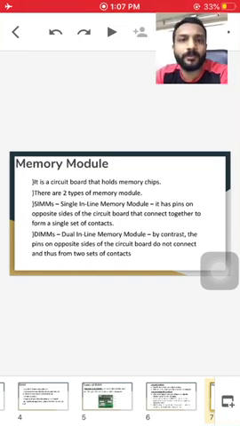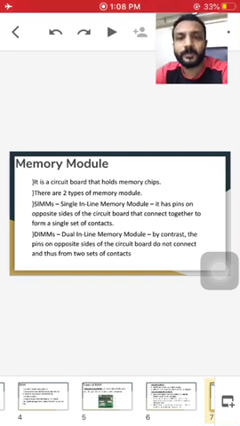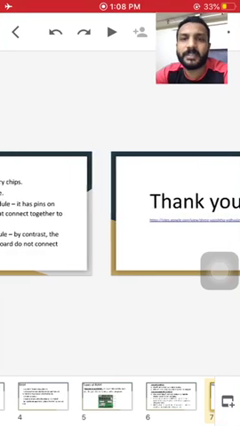It has pins on opposite sides of the circuit board that connect together to form a single set of contacts. DIMM stands for dual inline memory module. By contrast, the pins on opposite sides of the circuit board do not connect and thus form two sets of contacts.